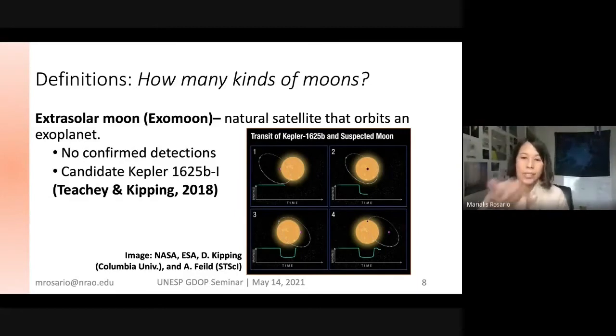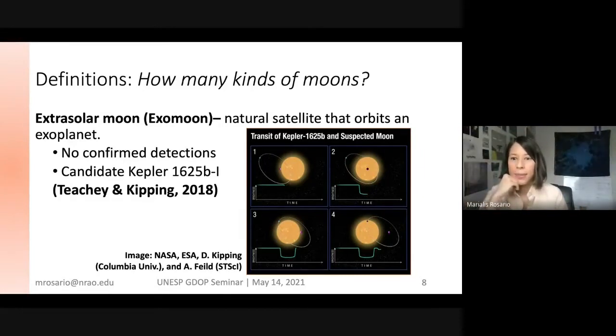Essentially it was discovered through several studies of orbits and several studies of transits, and that includes transit timing variation. I have to emphasize that transit timing variation is not enough to consider this a candidate.